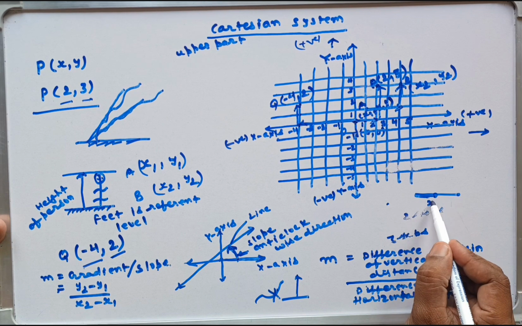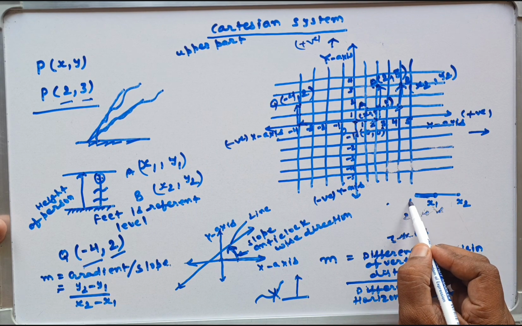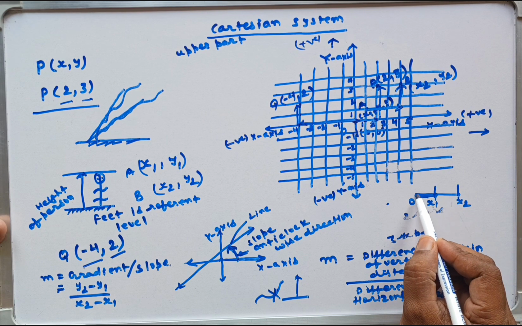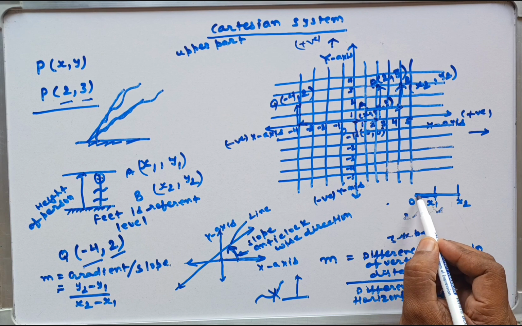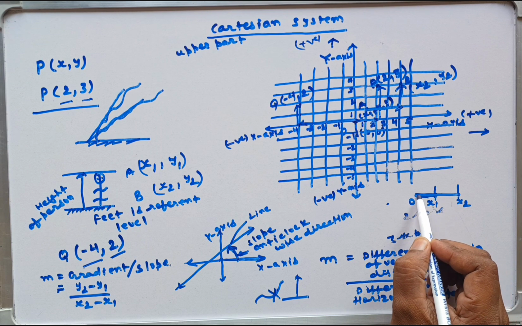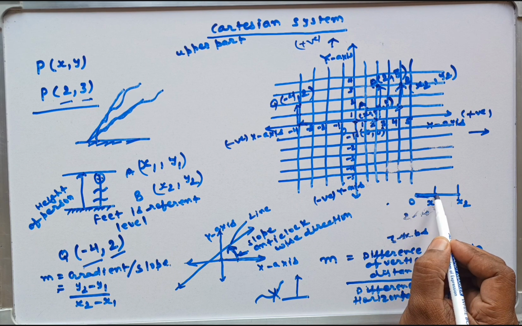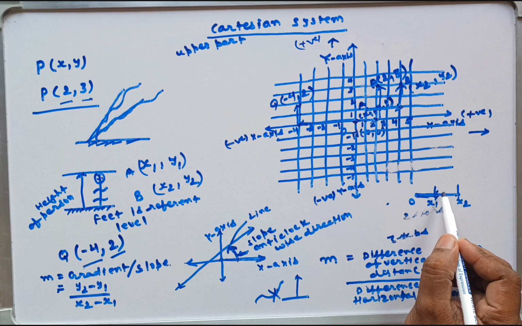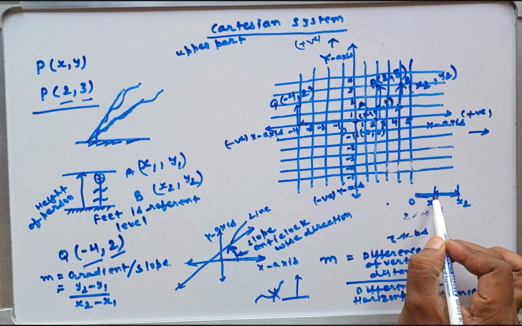So this one is x1 and this one is x2, then this one is the origin. So how could you take a difference? This one will give you the horizontal distance of x2, and this one will give you the horizontal distance of x1 from the origin. So if we take a difference, then this will give the distance between these two points.